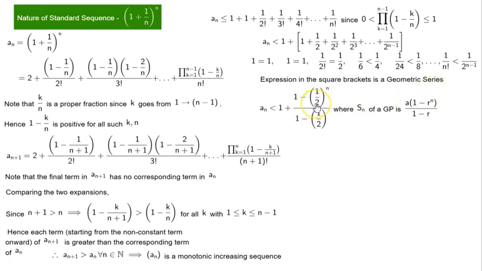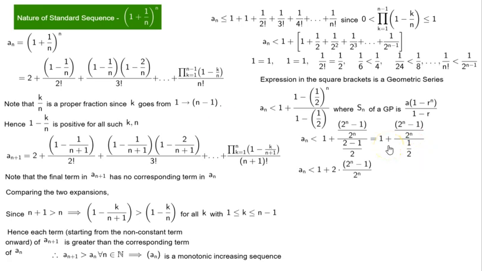So here r is the common ratio, that is 1 by 2, to the power of n divided by 1 minus r, so 1 minus 1 by 2. Now let's just keep simplifying this. So we have 2 to the power of n minus 1 by 2 to the power of n divided by 2 minus 1 by 2, which gives us 1 plus 2 to the power of n minus 1 by 2 to the power of n by 1 by 2.